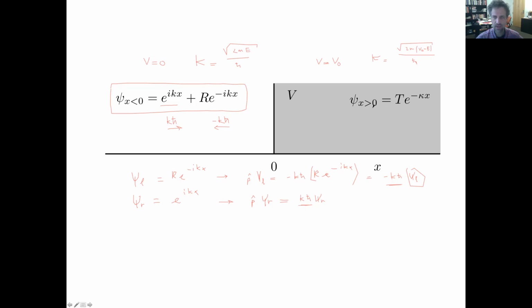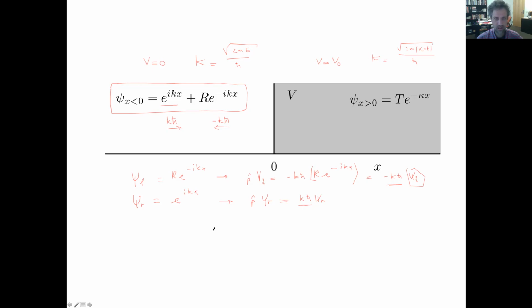So I have now on the left an expression for the wave function, and on the right also an expression of the wave function. These are the shapes that I have. And so I would like to solve now for R and T. How do I do that? Well, I can do that if I have the boundary conditions.